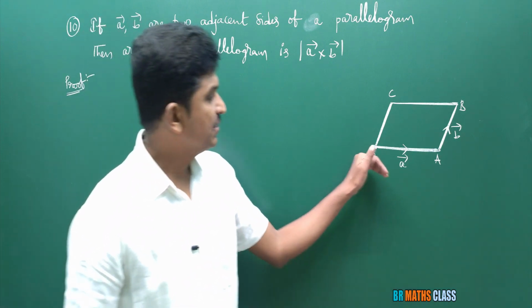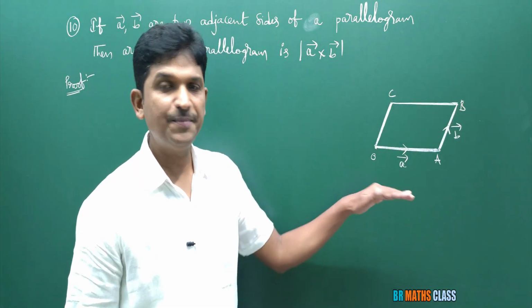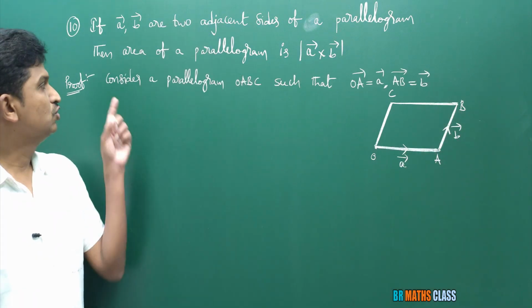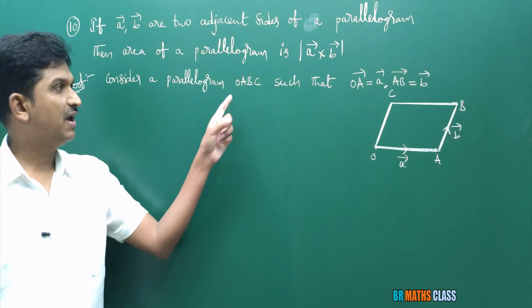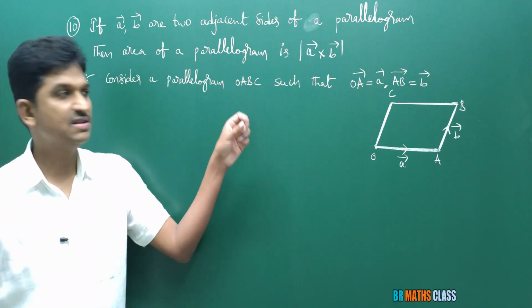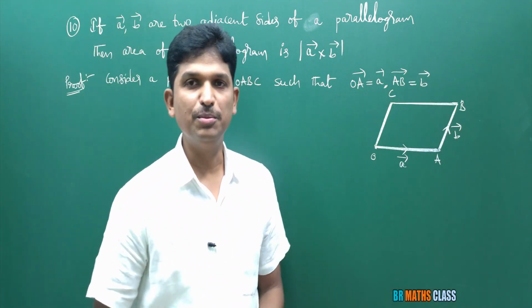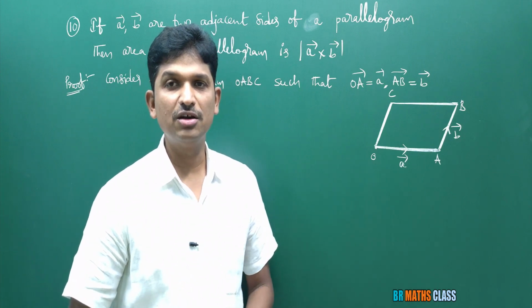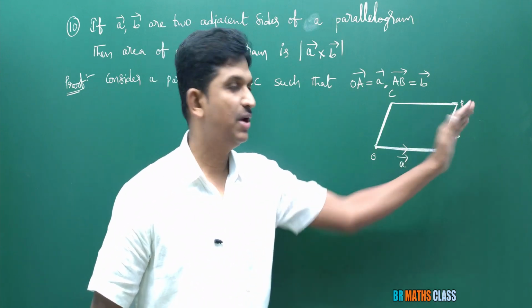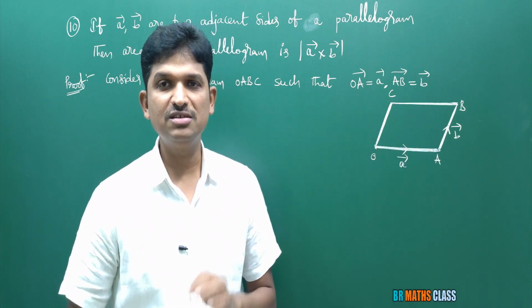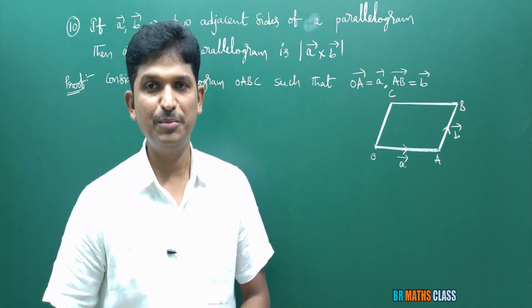You observe, I consider a parallelogram OABC. In this parallelogram, A bar, B bar are the two adjacent sides. I considered a parallelogram OABC such that OA bar is A bar and AB bar is B bar. Now I need to prove that the area of this parallelogram is the magnitude of A bar cross B bar.